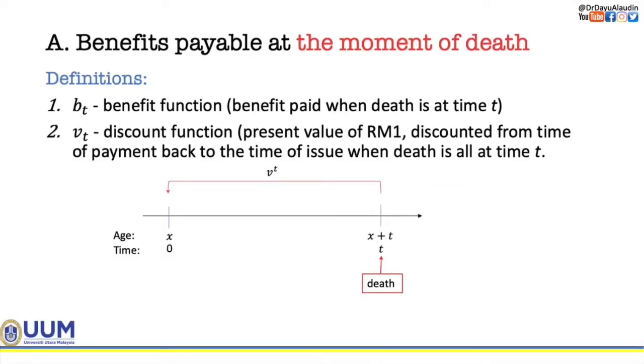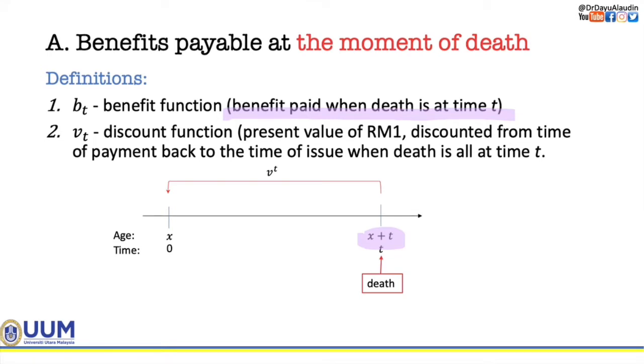First, benefit payable at the moment of death. The definitions. First, BT, or the benefit function, is the benefit paid when death is at time T. X plus T is the age at death.